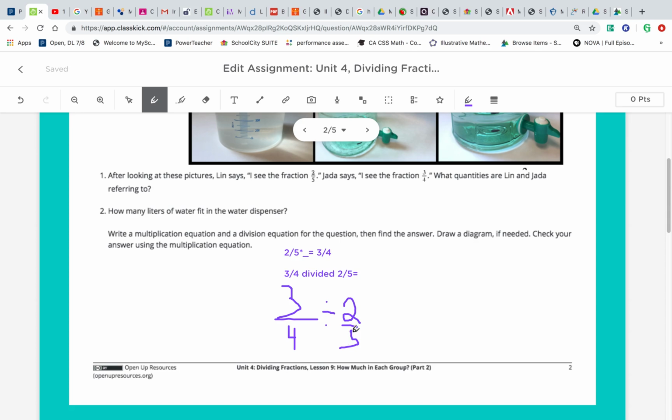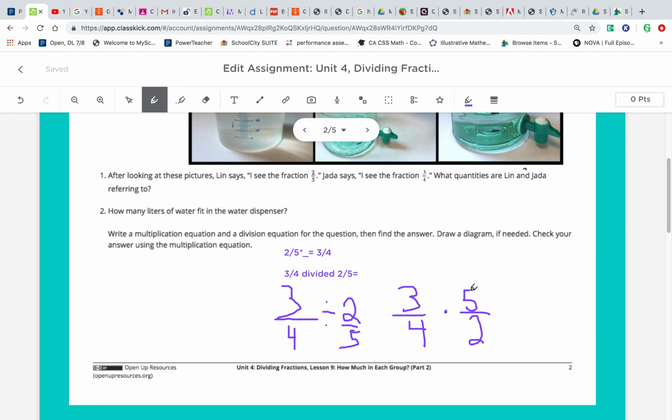So 3/4 divided by 2/5. Hopefully you remember that when we divide by a fraction, that is the same thing as multiplying by the reciprocal. So this is really the same thing as 3/4 times 5/2. Okay, that's the rule.